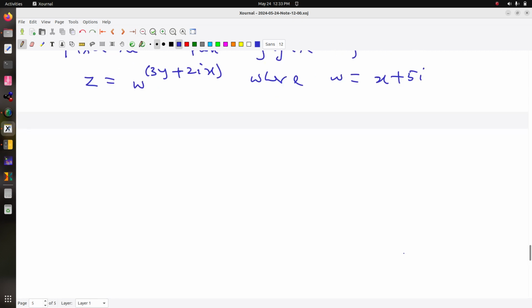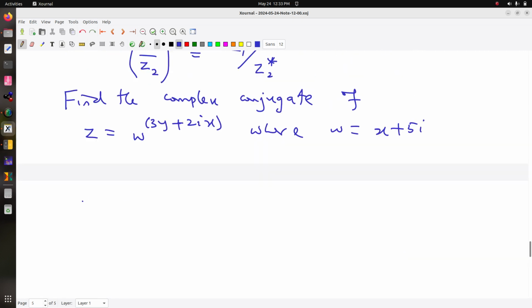So what will be the complex conjugate? The complex conjugate of w, which is x plus 5i, is going to be x minus 5i. Then the power will be 3y minus 2ix, so that will be the complex conjugate of the given complex number.